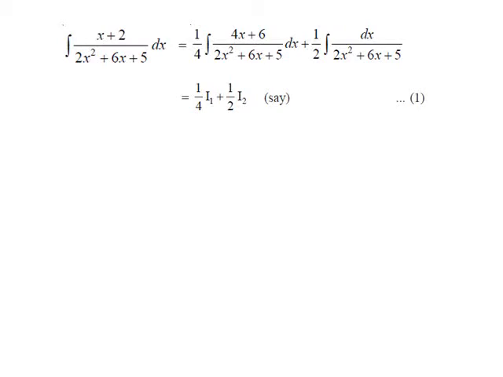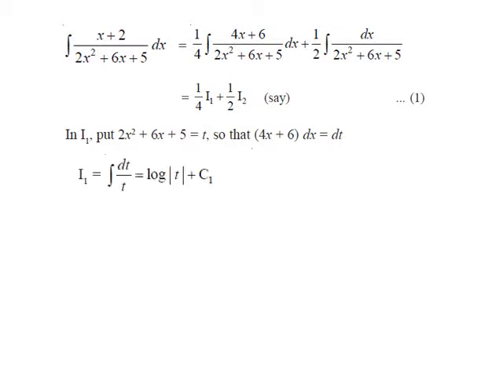Marked it number 1. In I1, derivative of 2x square plus 6x plus 5, which is equals to 4x plus 6 is given. So, substitute 2x square plus 6x plus 5 equals to t. Then 4x plus 6 dx equals to dt. Therefore, I1 is equals to integral of 1 by t with respect to t.